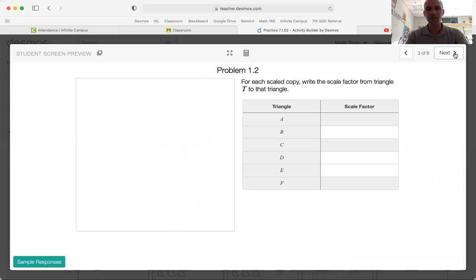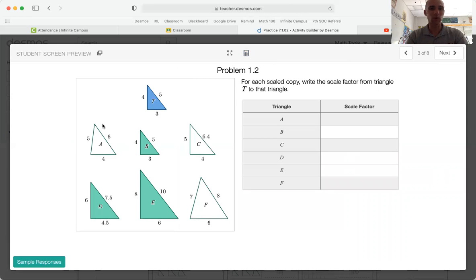And so on the next page, it's just asking us what the scale factor was for the 3 triangles that we chose. And we've already done that work. We already know that B has a scale factor of 1, right? All the side lengths of triangle T times 1 equals all the side lengths of triangle B. Triangle E has a scale factor of 2 because all of the side lengths of triangle T times 2 equal the side lengths of triangle E. Sorry, I'm in the D box here, but I want it there.